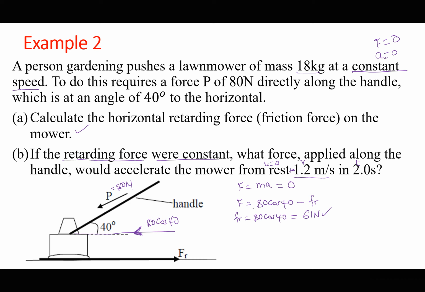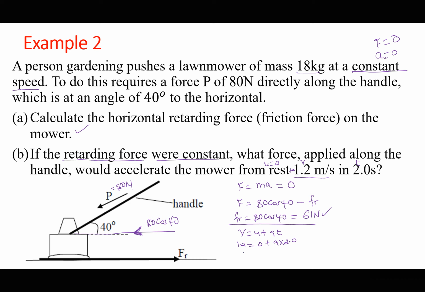So using v equals u plus at, we want the velocity to be 1.2, initial is 0, and this is plus acceleration, which we don't know, and the time is 2.0 seconds.